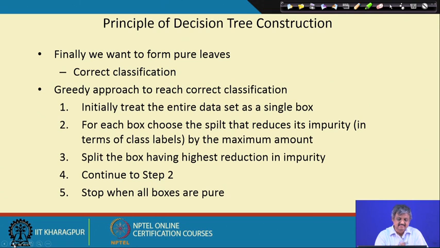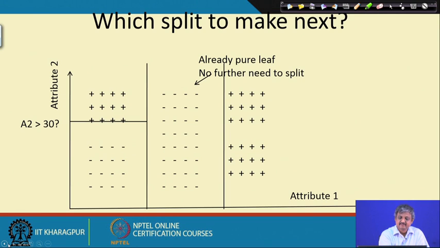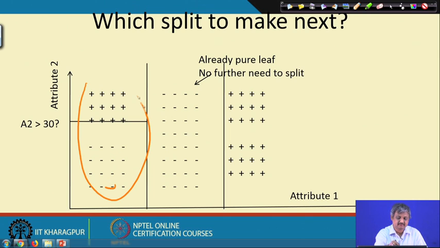The criterion is, if you look carefully here, that initially this segment was impure, it contained both, and splitting this led to more purity of the children.